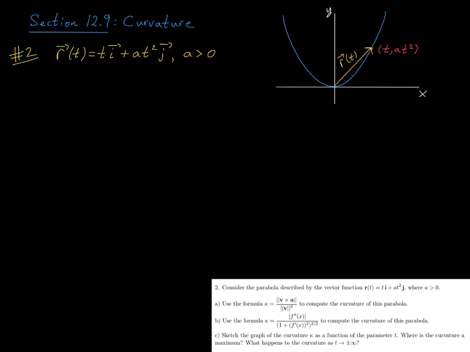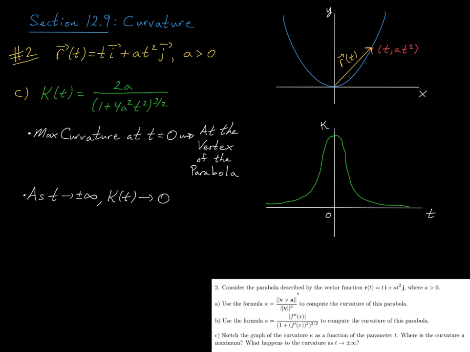It says, sketch the graph of the curvature kappa as a function of the parameter t. Where is the curvature a maximum, and what happens to the curvature as t approaches either positive or negative infinity? Well, remember that the curvature is measuring the rate at which our unit tangent vector changes direction as we move along our path.